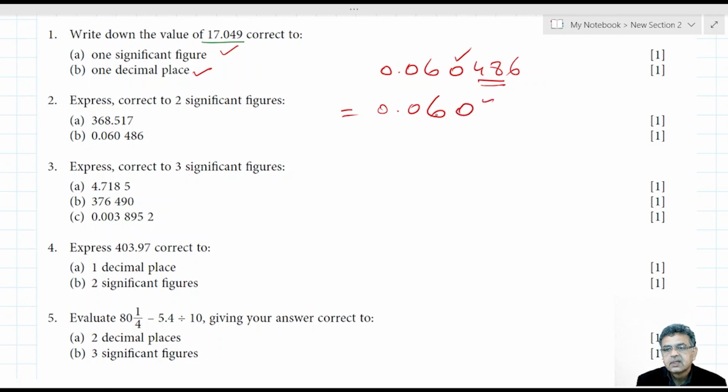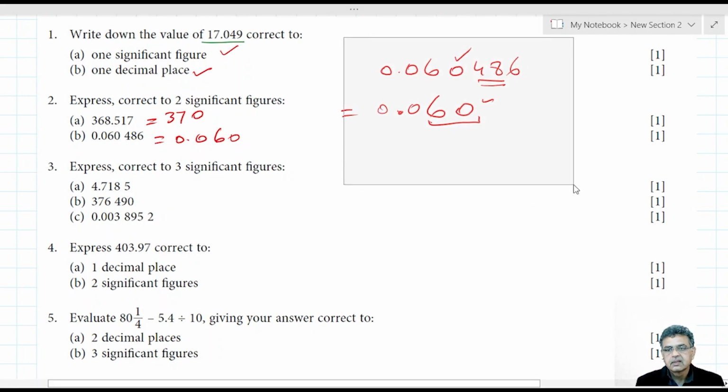This 0, trailing 0 in case of decimal is always significant. So these are two significant figures in this case, 0.060. This 0 is not significant, but this one is significant. And answer of the previous one was 370.